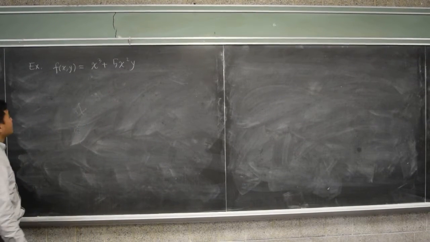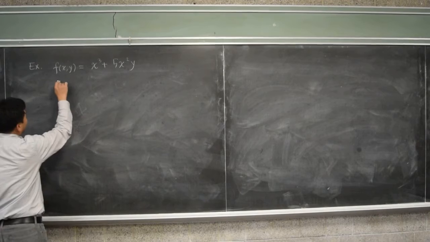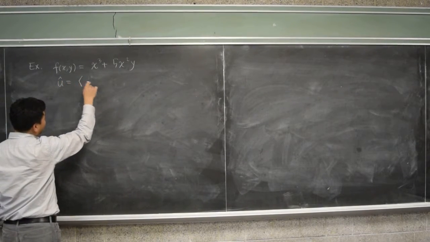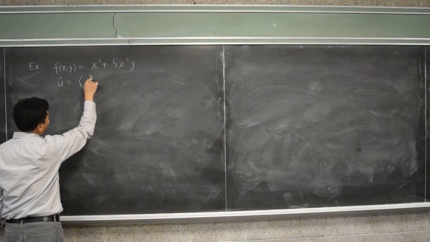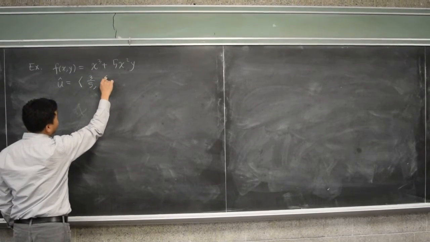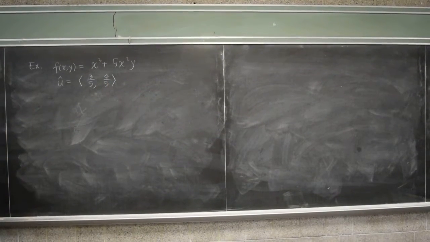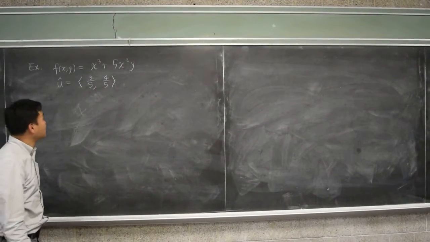And let's say vector u is the vector 3 over 5 comma 4 over 5. Now I don't know the angle of this direction, but that's definitely a unit vector, right?